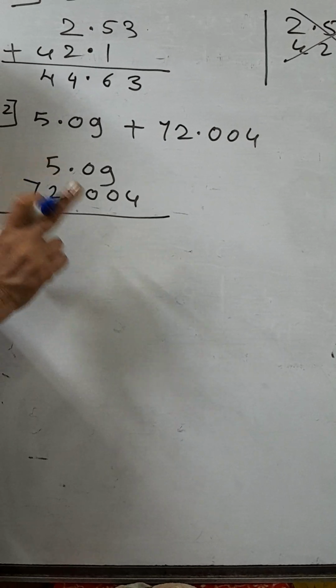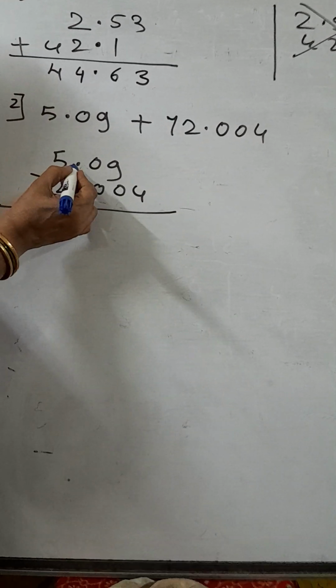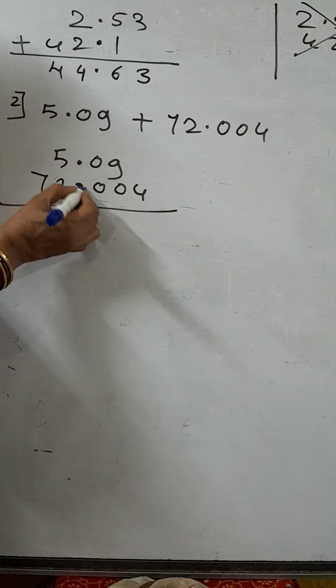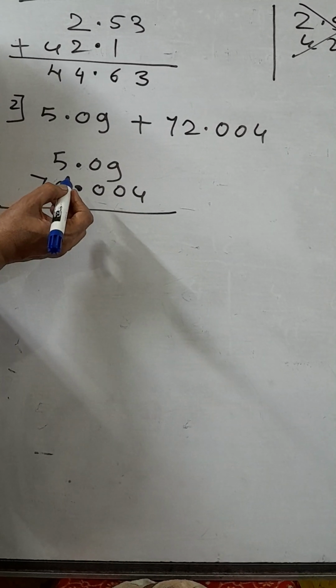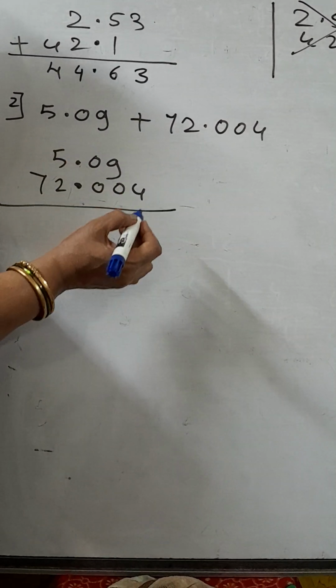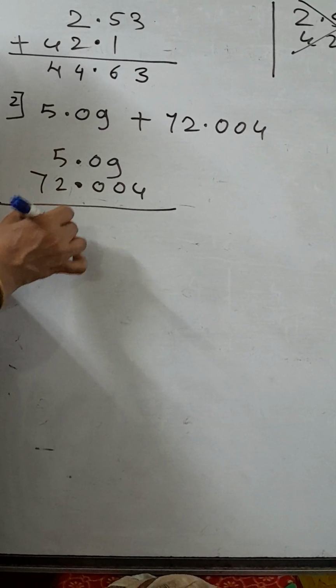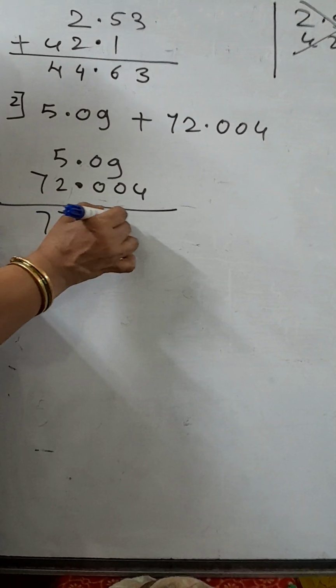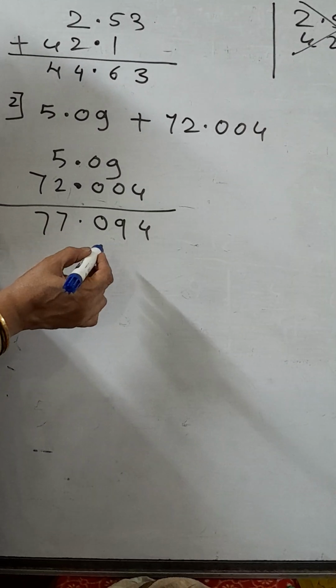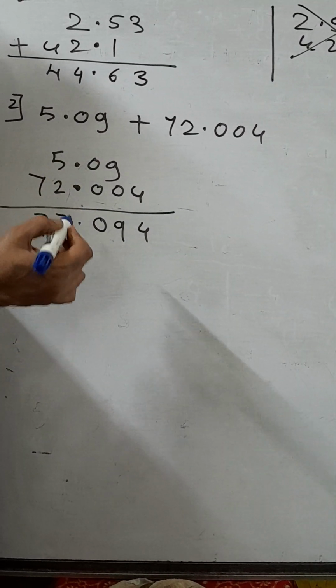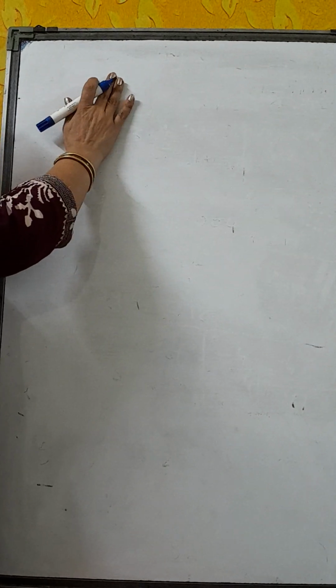My suggestion in addition is that below the decimal, first write down the decimal point and then write the numbers, so you will not make a mistake. There will be no possibility of mistake. And then here 77.094. Is this clear? This is addition. Very simple. Now I have explained addition.